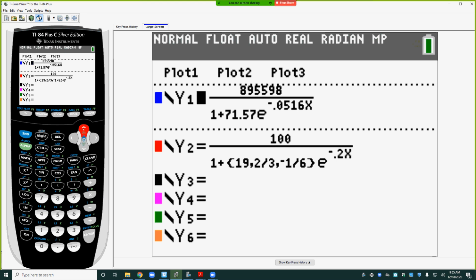Alpha F1 will then display it as a fraction, numerator over denominator. If you have old notation, you better make sure you put that entire denominator in parentheses. Otherwise, it's going to take 895,598 divided by 1 and then add that second term instead of divide by it. So make sure that whole denominator is in its own set of parentheses.